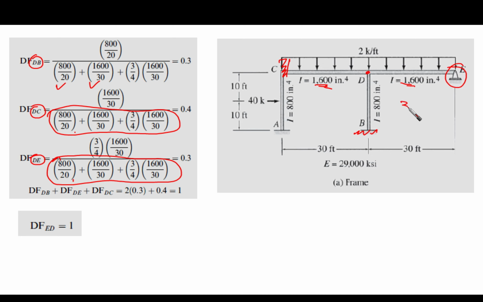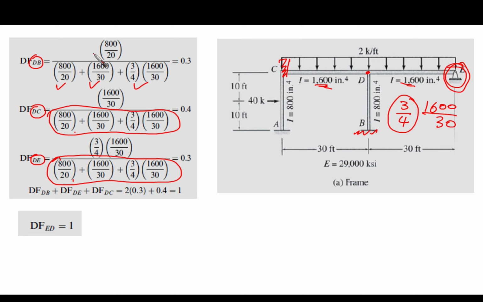So it is going to be 3/4 times 1600 over 30, right? Which is the third term here. Okay, so take care of the 3/4 here, which is related to the far end is hinged.